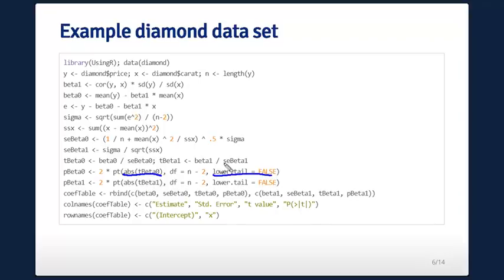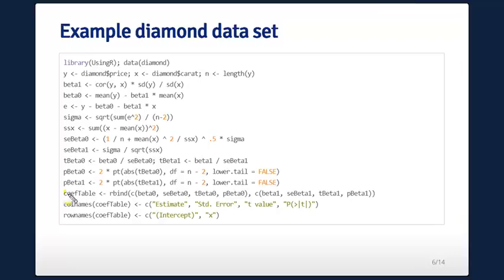Or if you didn't even want to write absolute lower tail equals false, you could just force the negative one by putting a negative sign out front. Just make sure that degrees of freedom are n minus 2. You want to multiply your p-values by 2. If you get a number bigger than 1, then you've taken the wrong area, right? Instead of getting the small part of the tail, you got the big part of the distribution. We could do the same thing for beta 1 right there.